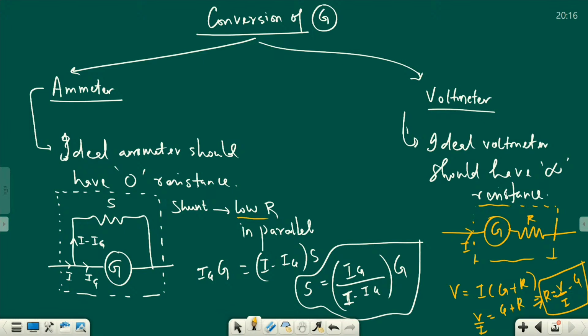Question goes like, an ammeter of resistance 0.8 ohms can measure current up to 1 ampere. I will repeat. An ammeter of resistance 0.8 ohm can measure current up to 1 ampere.